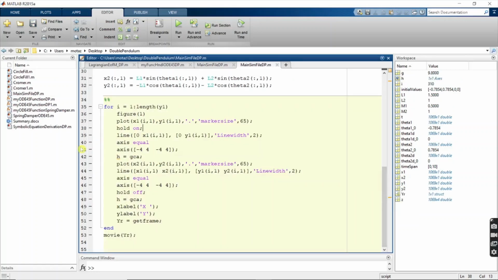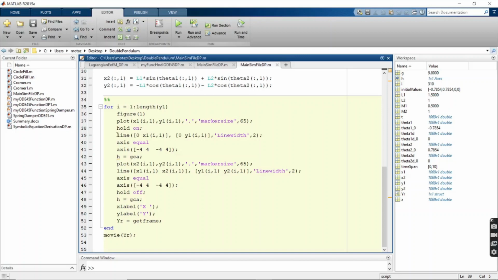Okay, here in the final section of the code, we animate the results. We just make a for loop, and we plot a dot at location x1, y1, and x2, y2.